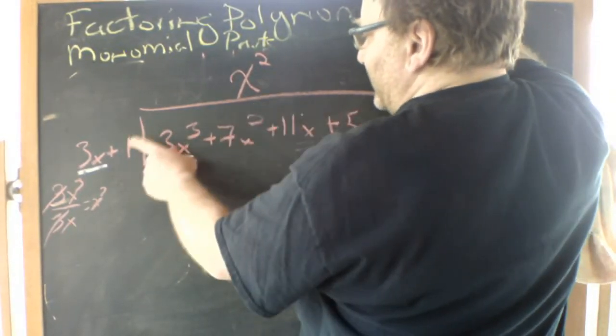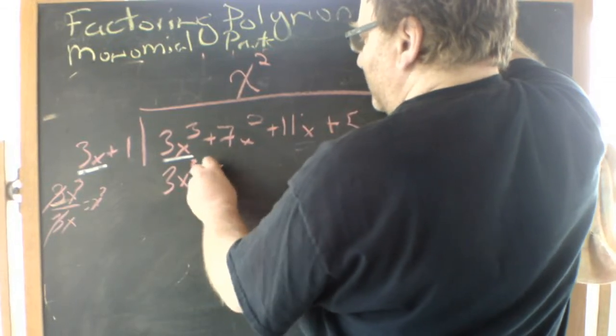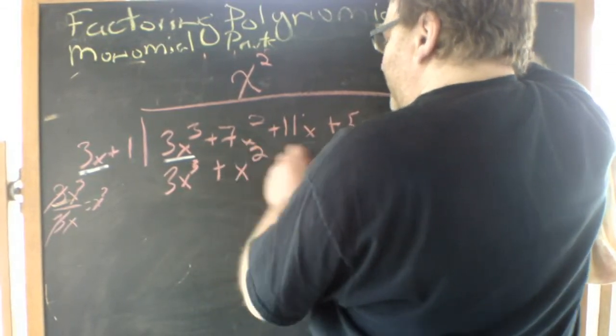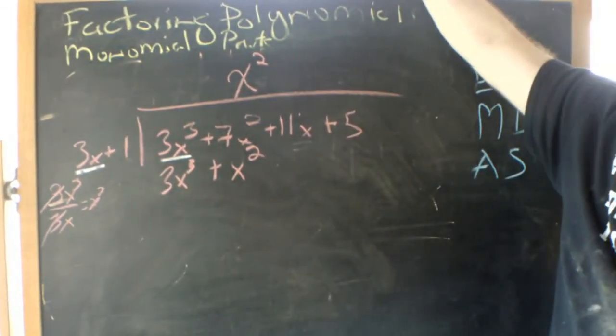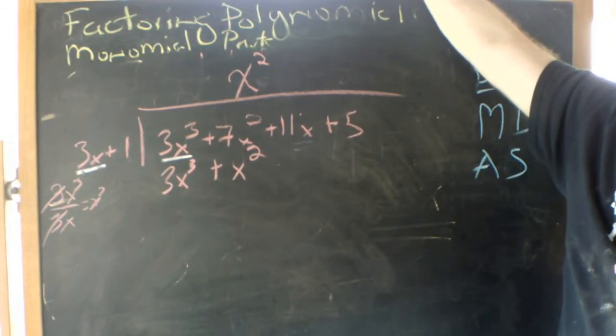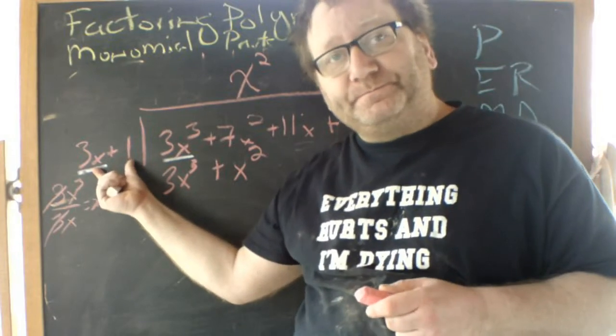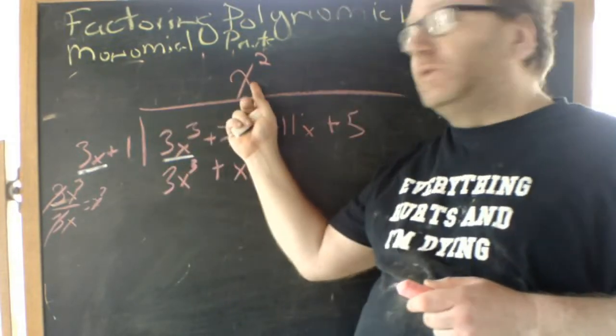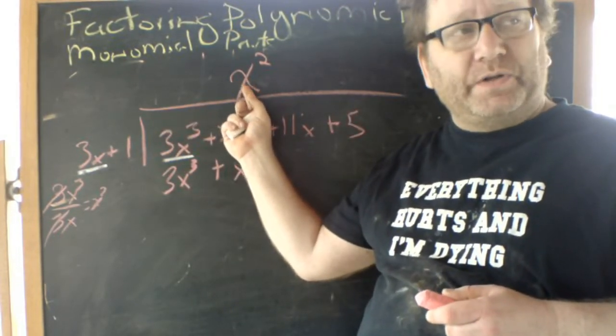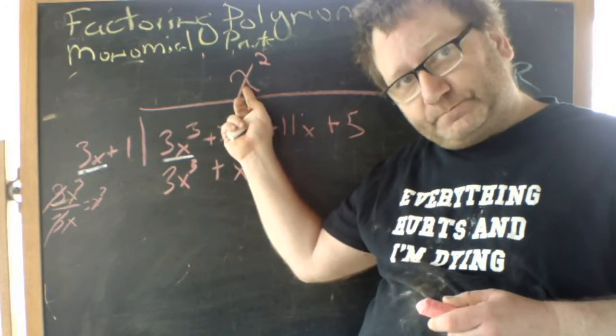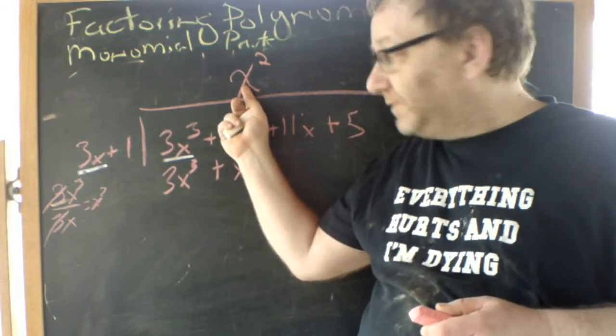And then x squared times 1 is x squared. So I'm doing the same thing I did in long division, but I'm doing it with a polynomial. I'll only ever be dealing with a monomial at a time here.